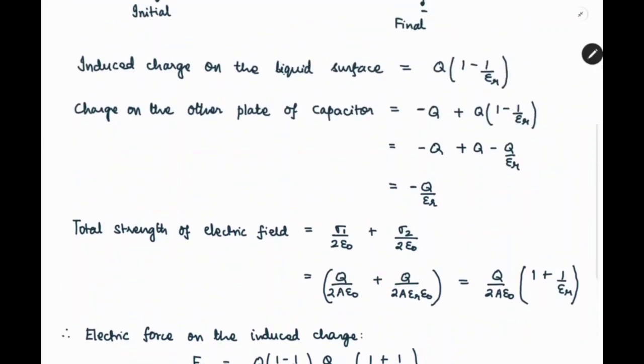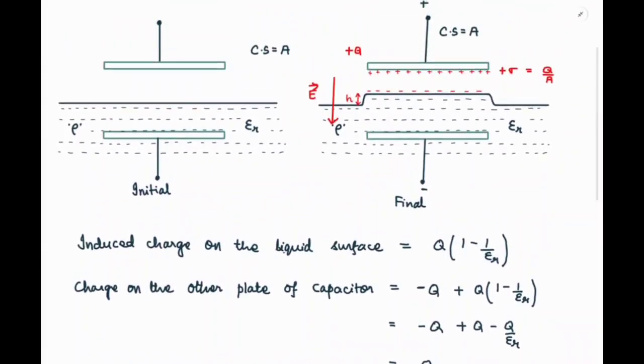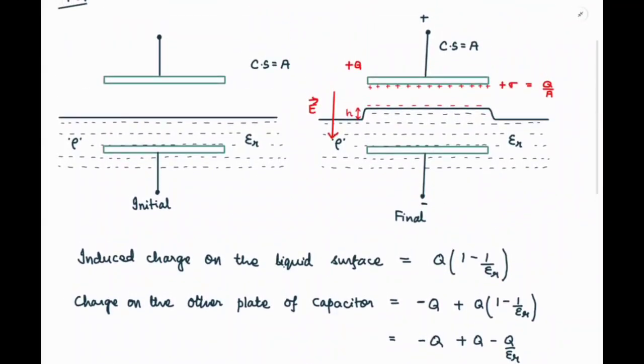If we again understand the basics of the problem, the basic of the problem includes that a positive charge is there on the upper plate having a surface charge density sigma. This positive charge will induce a negative charge on the surface of the liquid, as a result of which this liquid layer will rise because of the attractive force between them. And then the lower plate is also getting a surface charge because of this induced charge.